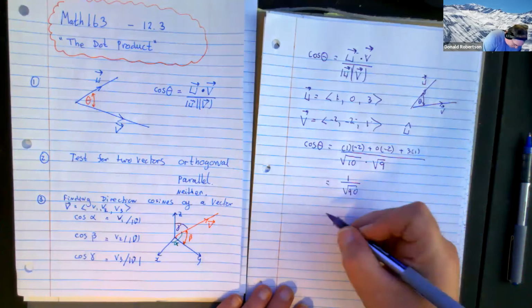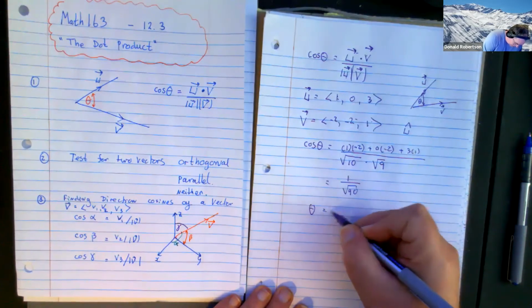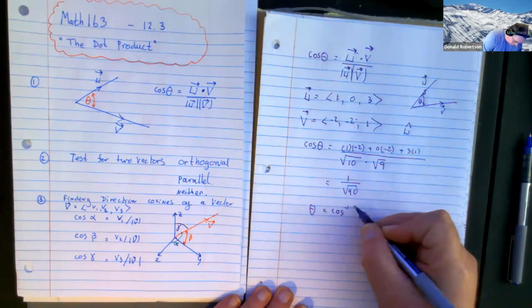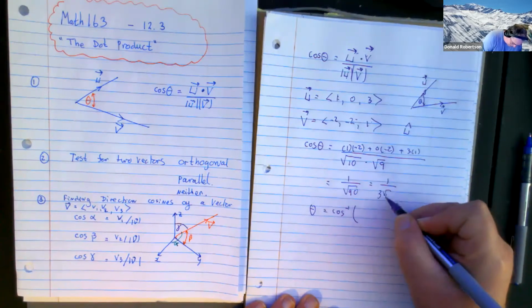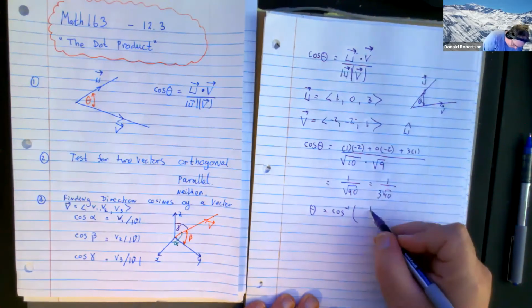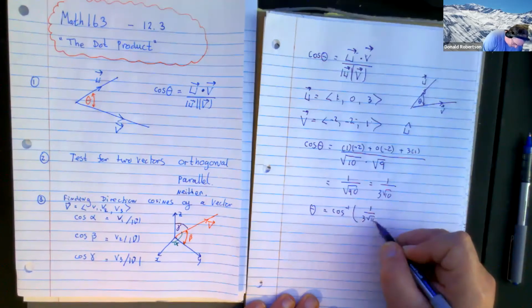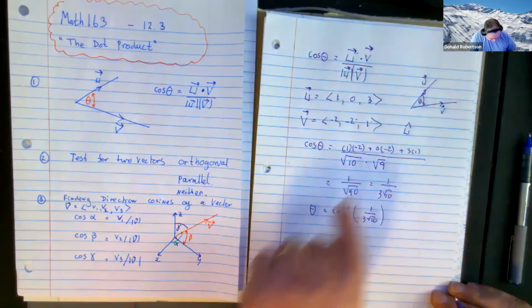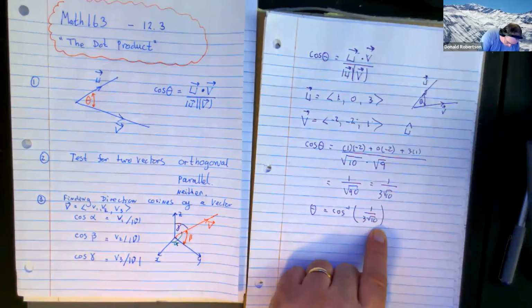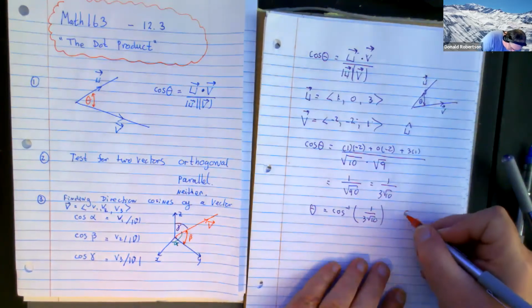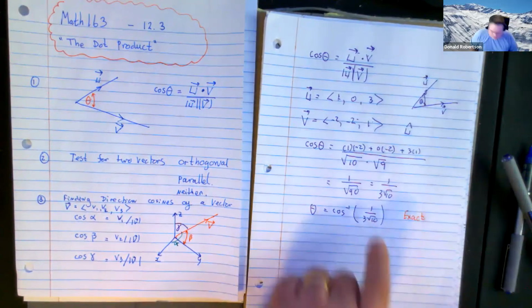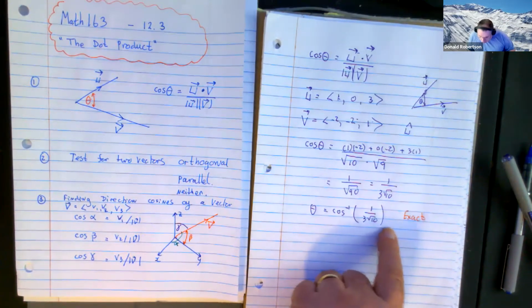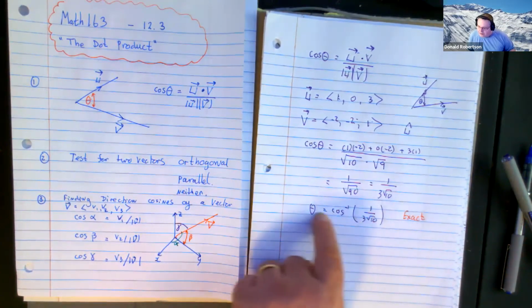And to get theta, it's the inverse cosine. I'm going to change that a little bit, make it look pretty. So the angle between these two vectors is that. I've noticed that some of the homework questions want 2 answers. That's the exact answer, what you physically write down in the first version.